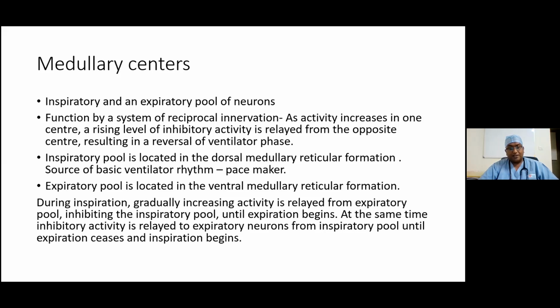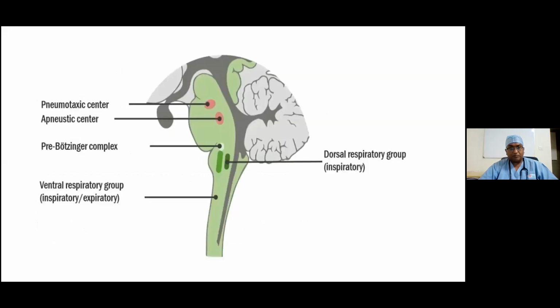This is what we mean by a reciprocal innervation system, where as activity in one center increases, rising inhibitory activity is relayed from the opposite center. So there will be reversal of roles in each of these neural pools.